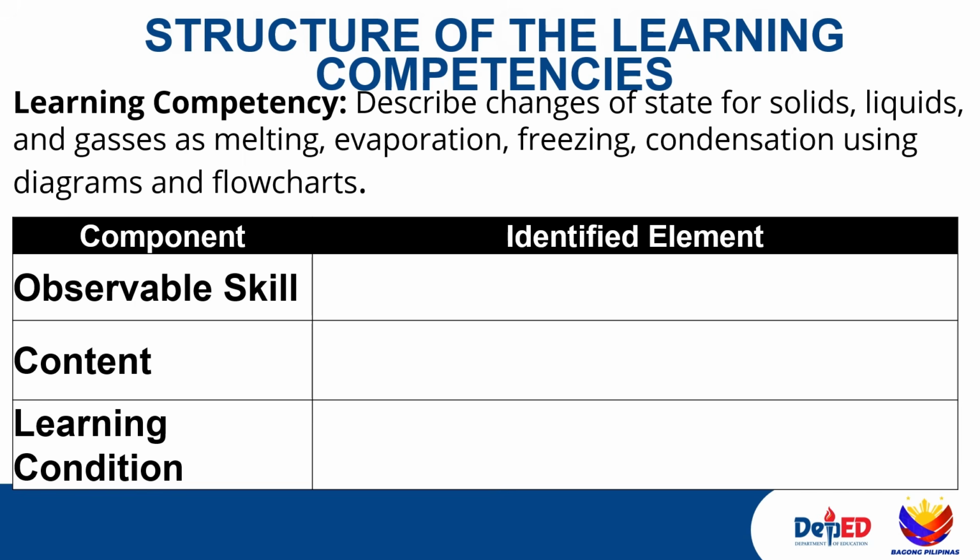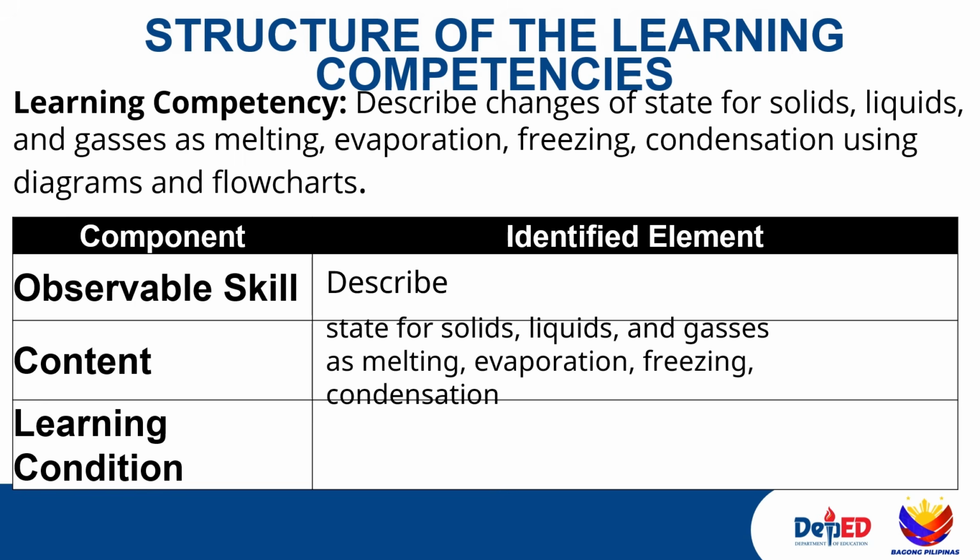So let's take, for example, this learning competency and let us identify the different structures of this learning competency. Describe the changes of state for solids, liquids, and gases: melting, evaporation, freezing, condensation, using diagrams and flow charts. So in this learning competency, the observable skills are described.